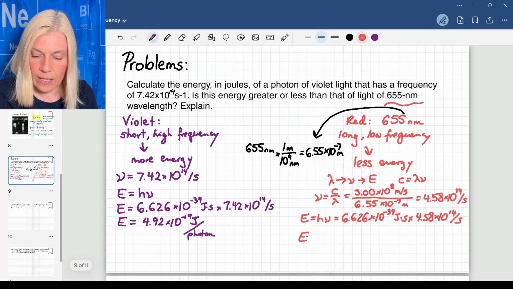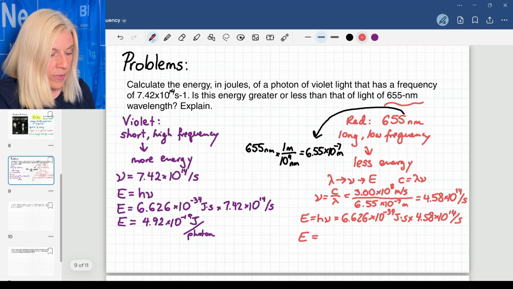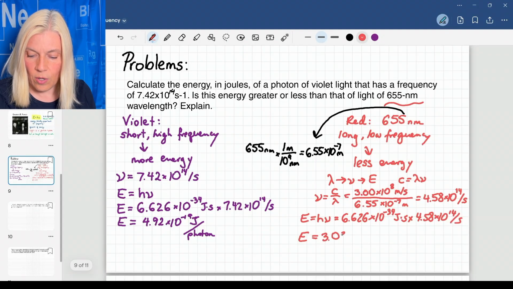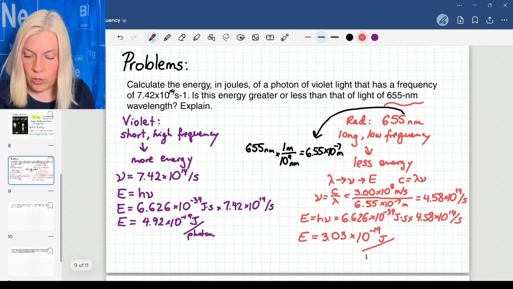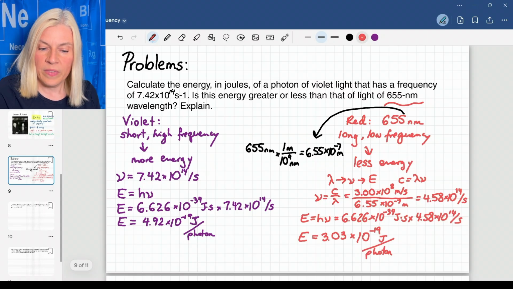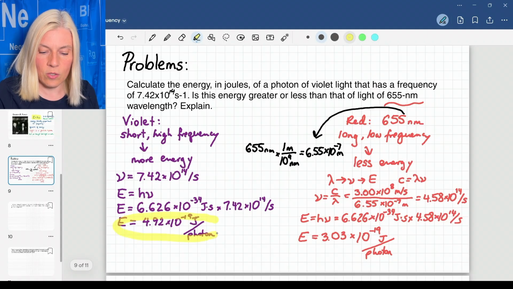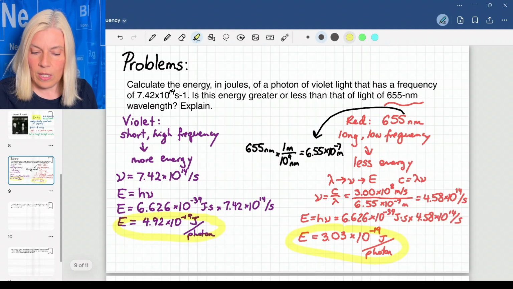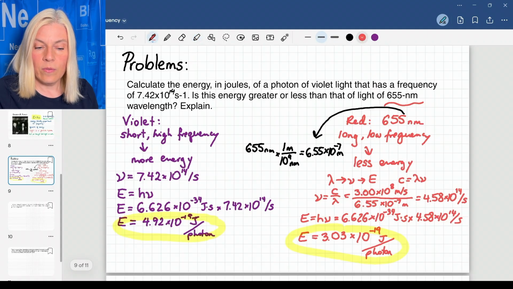And here this energy of this red light is 3.03 times 10 to the negative 19 joules per, this is per photon. Remember, Planck's constant is per photon. And here I can compare, let's compare these numbers. Here is this energy versus this energy. And you can see that violet light has more energy. Okay? Is this making sense how to solve these problems?